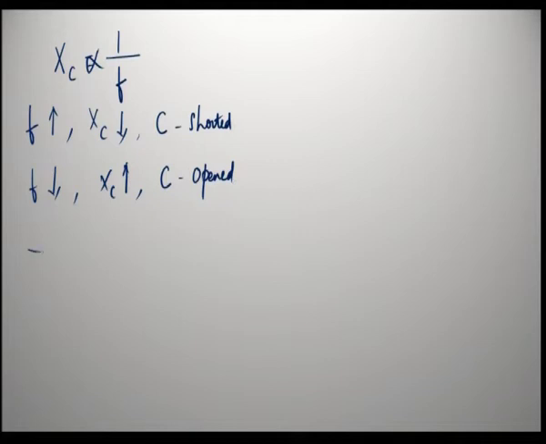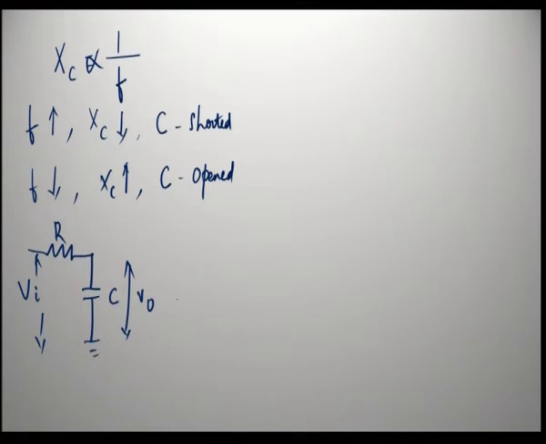And if you see the passive filter, suppose Vi is given here, and we are going to see the voltage across the capacitance. According to the relationship between the capacitive reactance and the frequency, if a higher frequency signal is given, the capacitance effect is reduced.